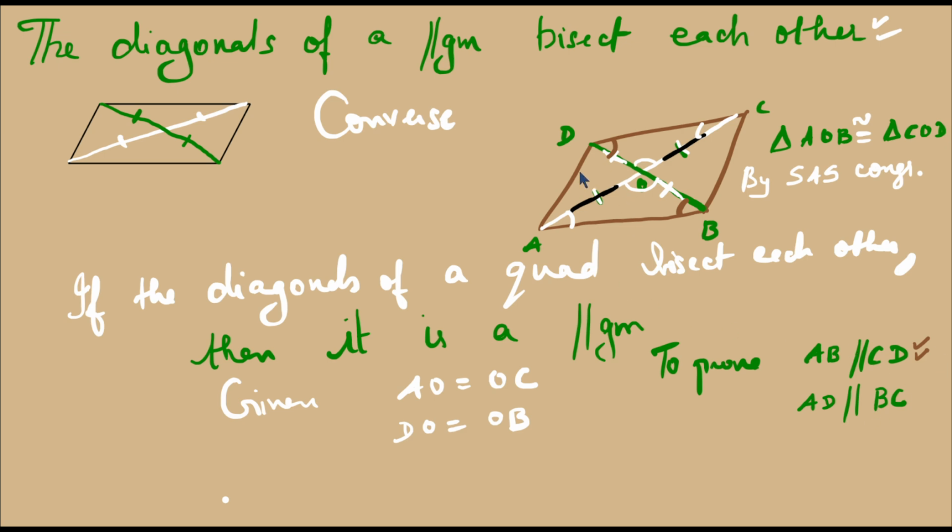And if I consider these two triangles, AOD and BOC, by the same argument, because the corresponding sides are equal and the vertically opposite angles are equal, I can also say that AD is parallel to BC. So the figure ABCD is a parallelogram. So we have proved the converse. The converse of this theorem has been proved.